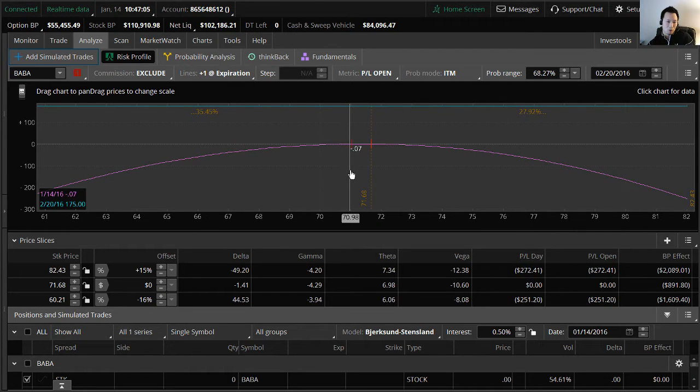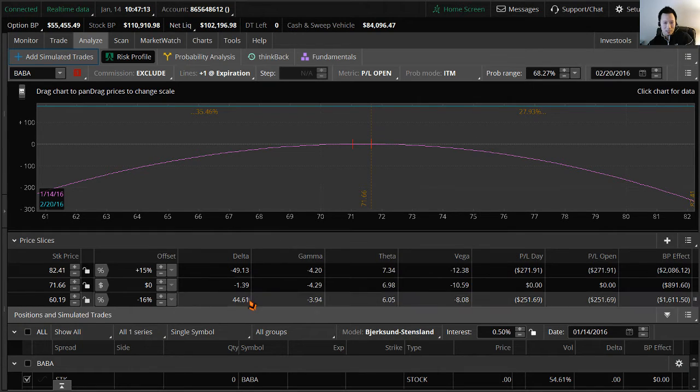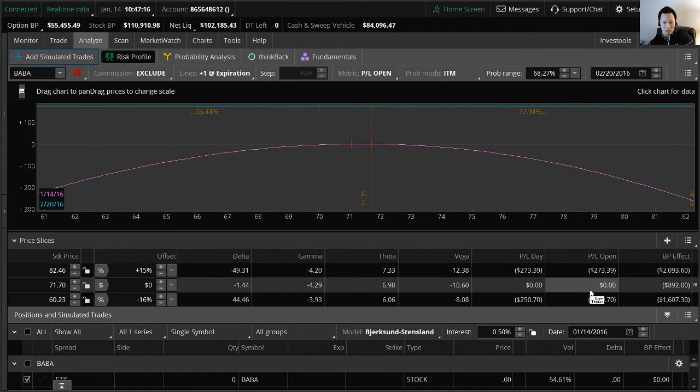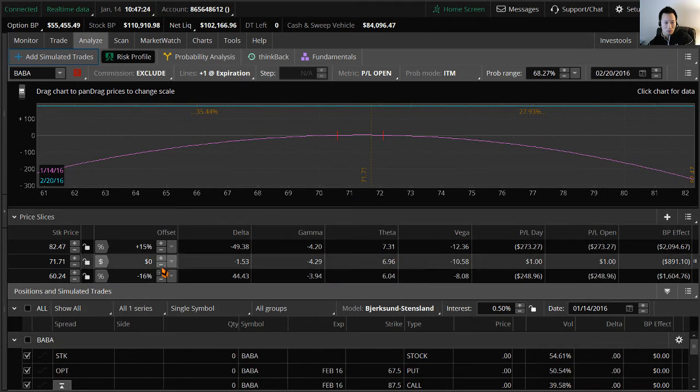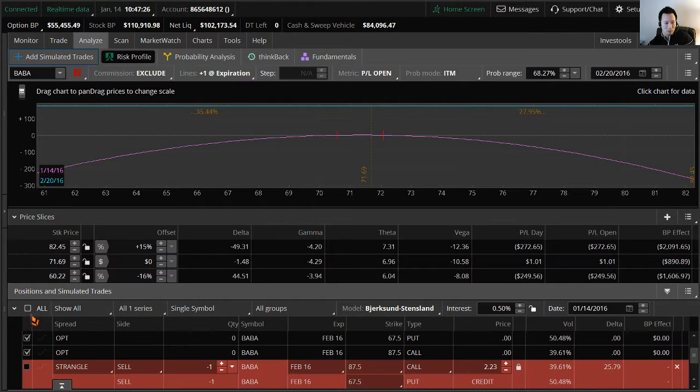So my full credit here, if I sell one put and one call, the full credit is $175. So for me, that's not enough bang for my buck. For $175, the margin on that is 891. That's pretty good. I like that margin requirement, that risk reward ratio for this.